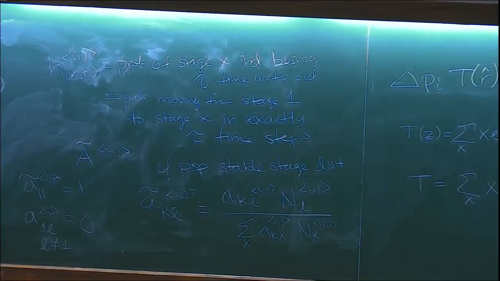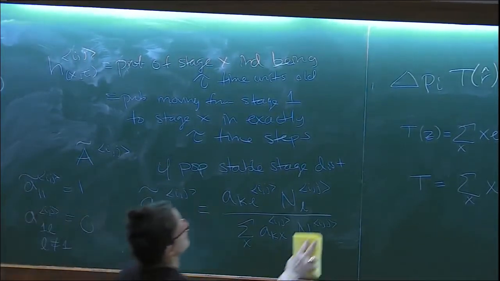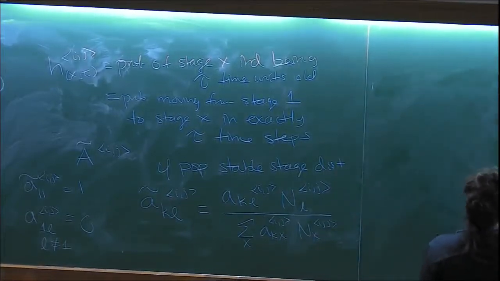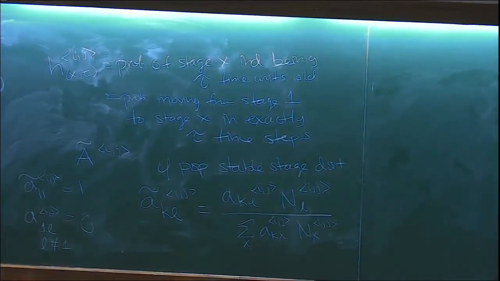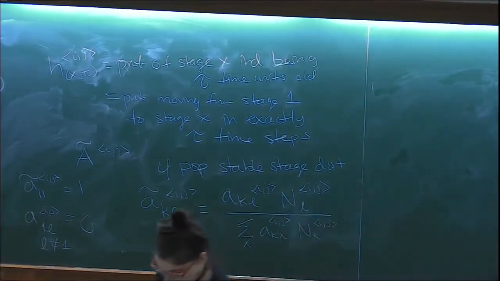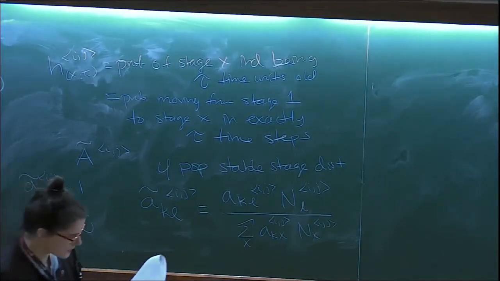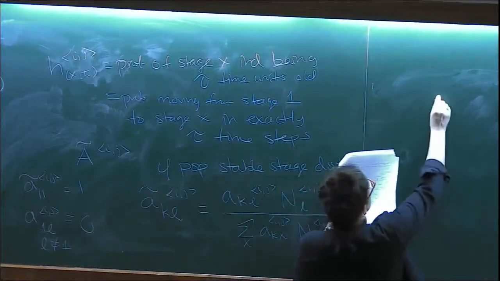Once I do that, I can just basically ask for sojourn time. How long before I get absorbed into stage 1 on average, depending on where I start. The probability, given that I'm in stage K right now, that I went back to stage 1 by tau time units ago, is going to be this quantity.